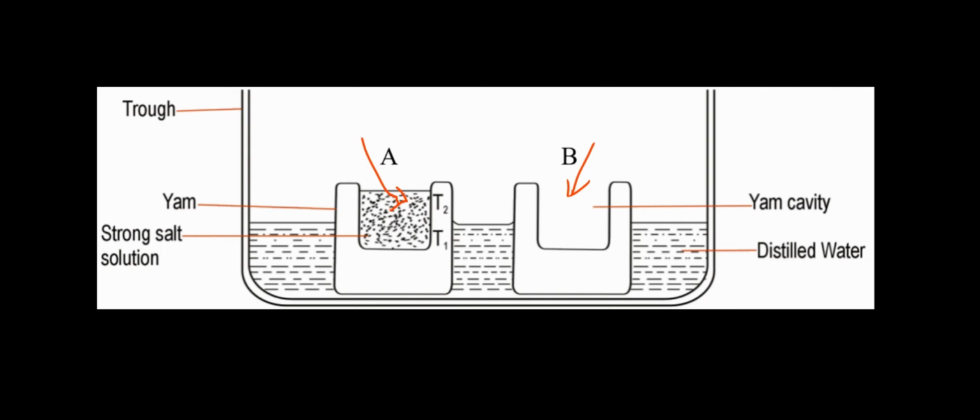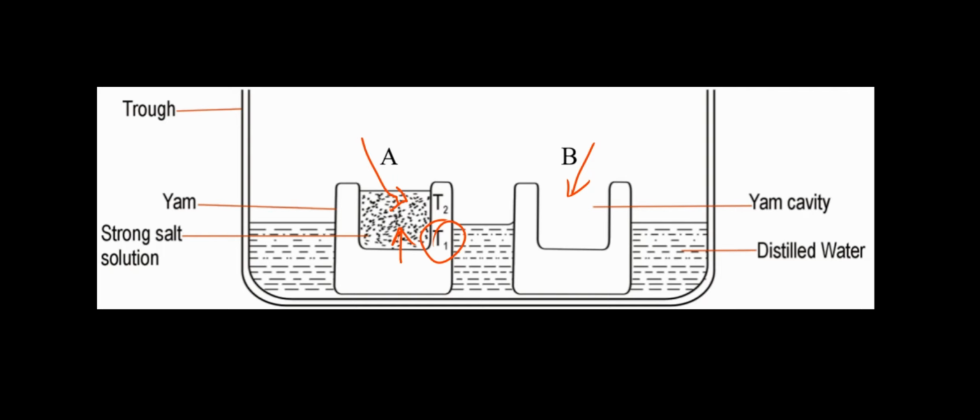Now, a strong solution of salt is kept in yam tuber A. That is the strong solution of salt in yam tuber A. And the salt solution is marked T1, while yam tuber B is left without salt solution, and this serves as the control experiment.